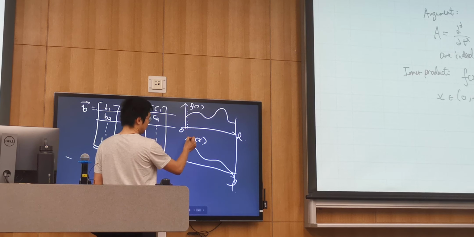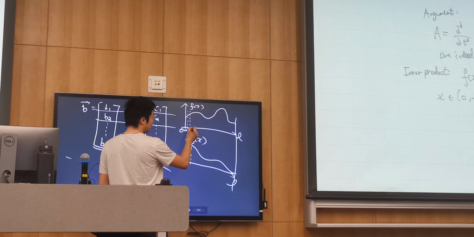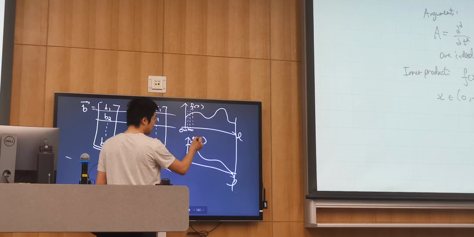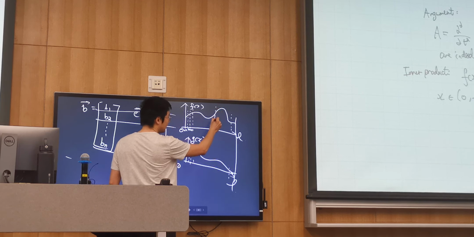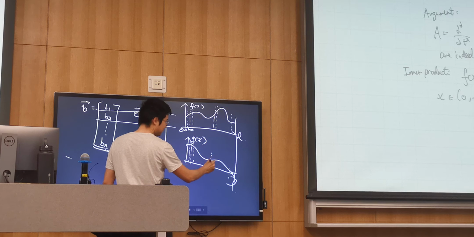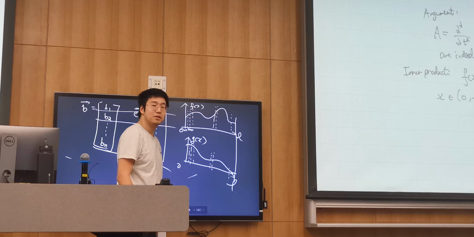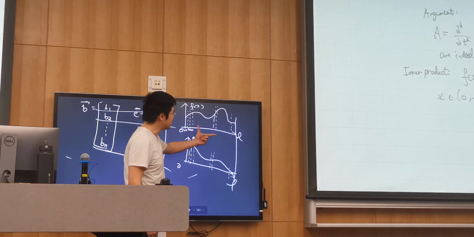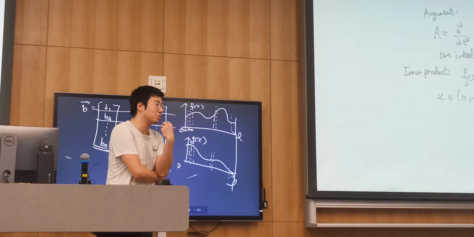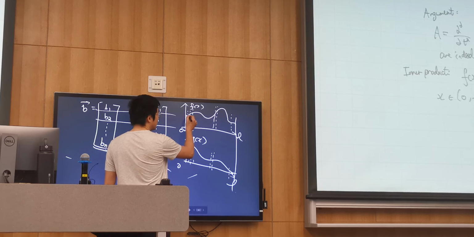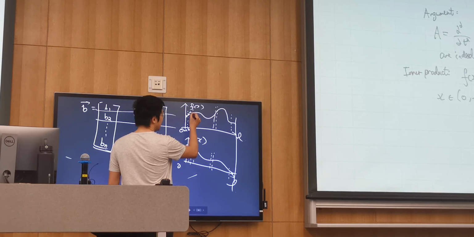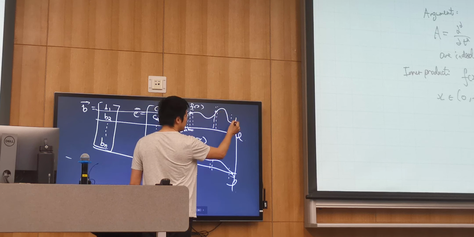So this is the first piece. Let's say this is delta x, and 2 delta x, the third piece, and finally the nth piece, and I have my kth piece. Let's say this whole function is approximately represented by these pieces, and assume that each piece is constant within each interval.